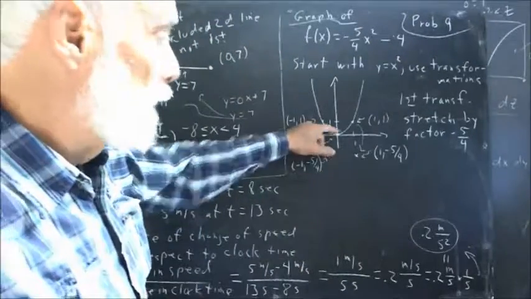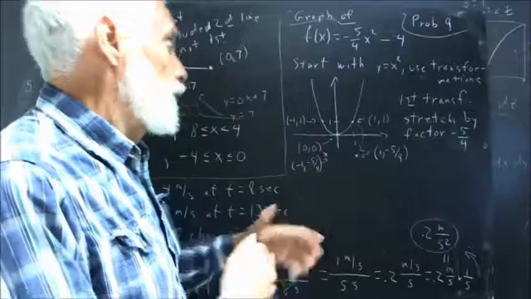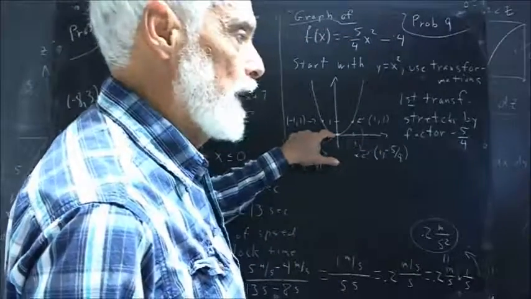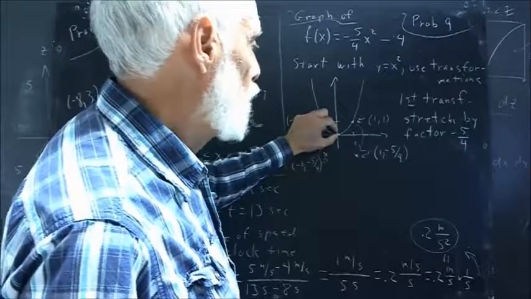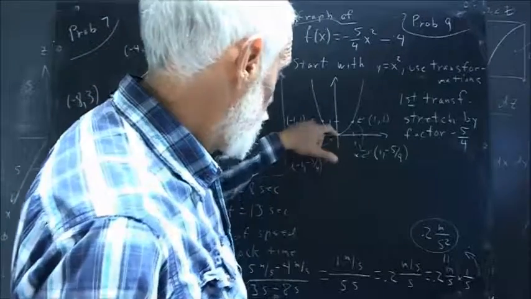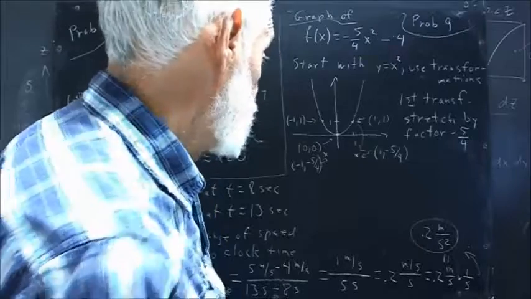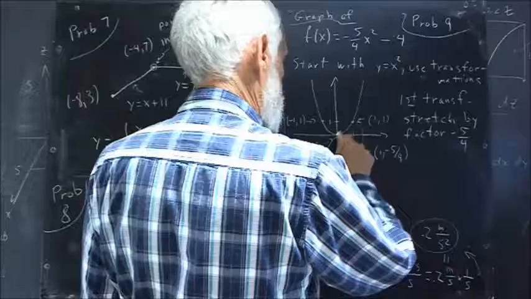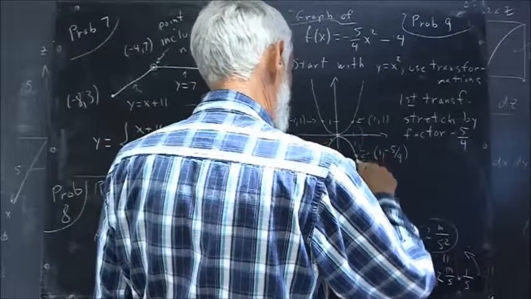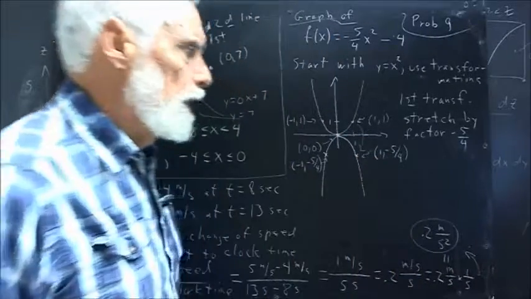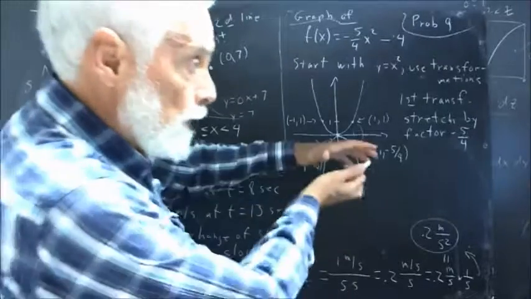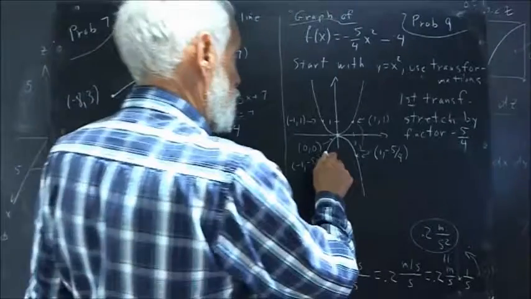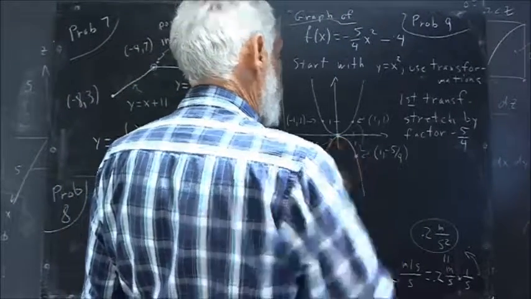The point 0, 0 is going to stay where it is because stretching something in the vertical direction that's on the x-axis, there's no value to stretch. So the 0, 0 point remains, and our graph looks like this, becoming a little bit narrower because we're stretching in this direction, and containing these 3 points.